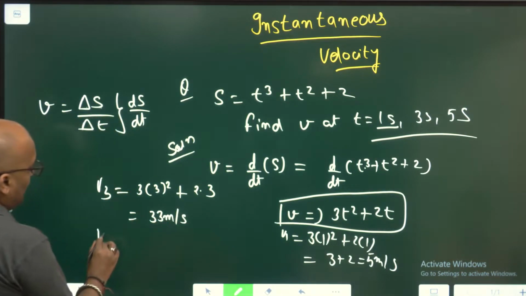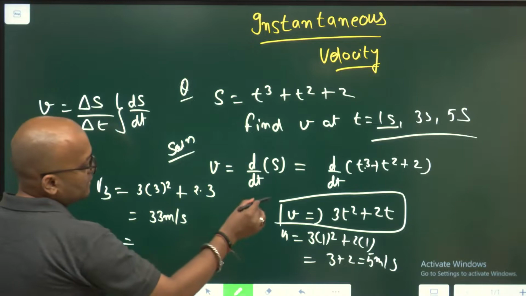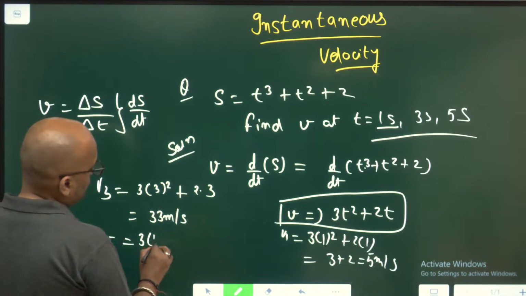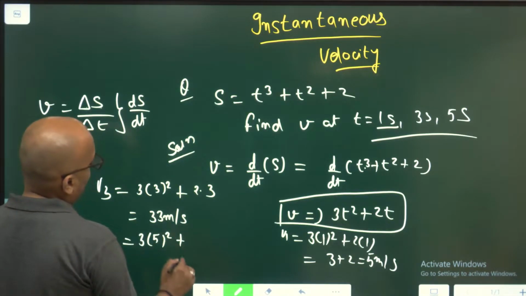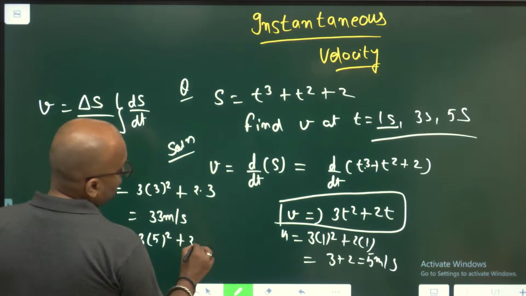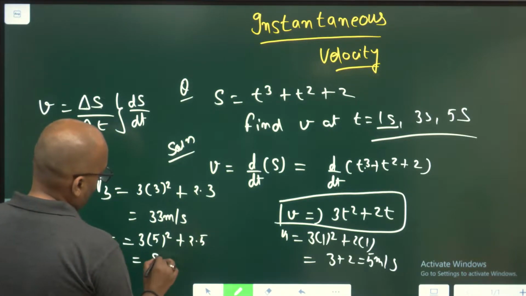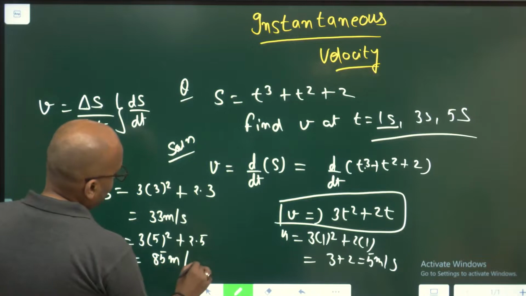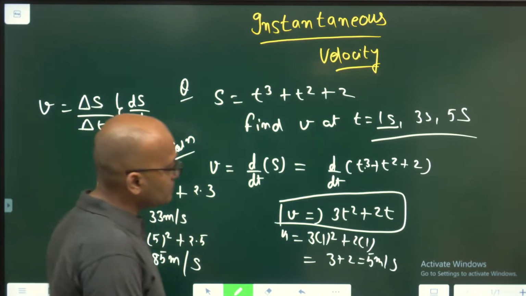And for 5 seconds, it will be 3 into 5 square, 25, 3 times is 75, plus 2 into 5, that is 85 meters per second.